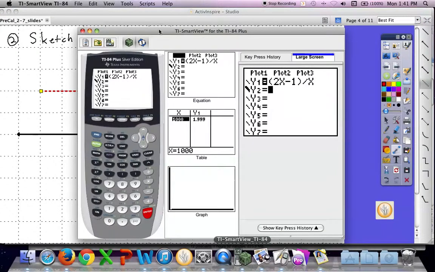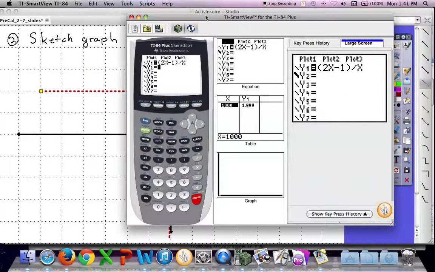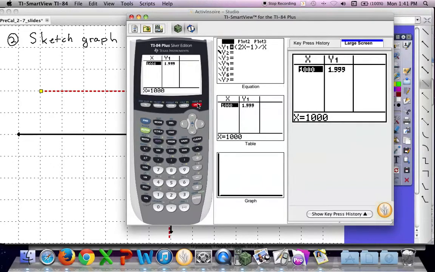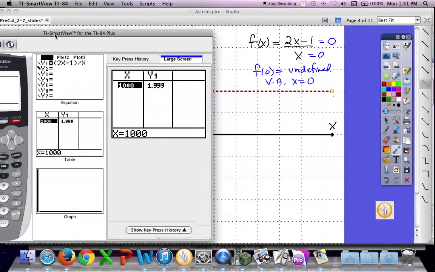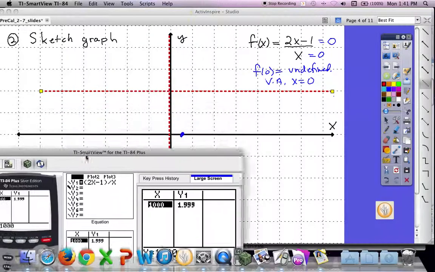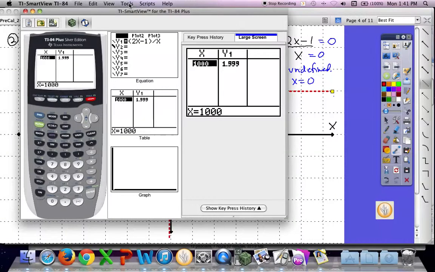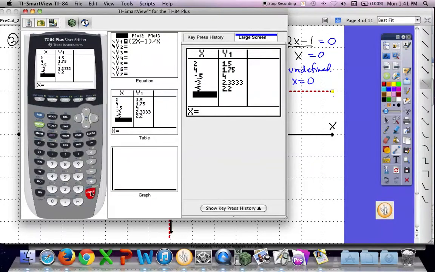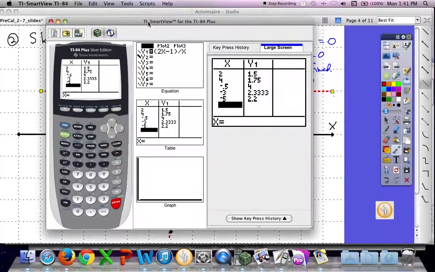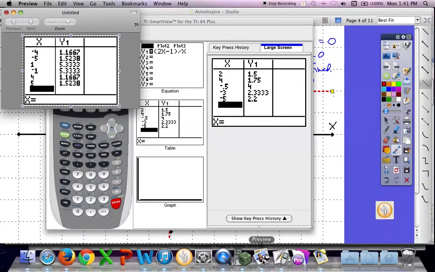And I've already loaded the function in the calculator. So let me do it this way. Say x equals 2 and x equals 4, 2 good points, and x equals negative 1/2 and negative 3 and negative 5. How's that? So I'm going to do a thing here so I don't have to keep switching back and forth.